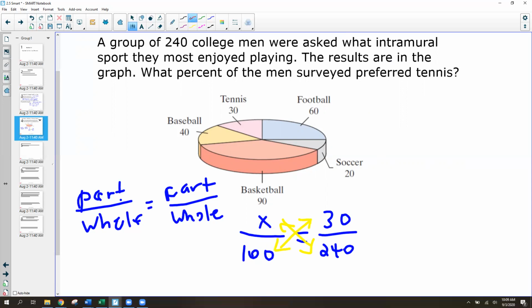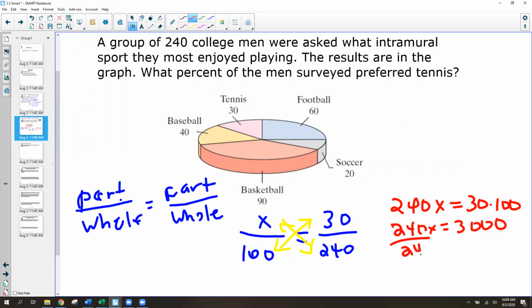So I'm going to get x times 240 equals 30 times 100. 240x equals 3,000. Divide by 240. X is 12 and a half.